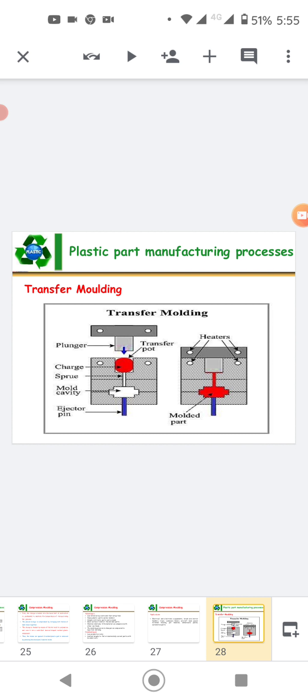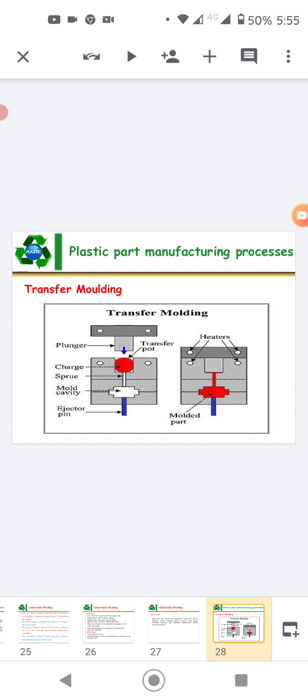In the first figure is the pot, and the second figure shows the plunger and the transfer pot totally compressed into the mold cavity. The kicker pin kicks at the end point of the pot.